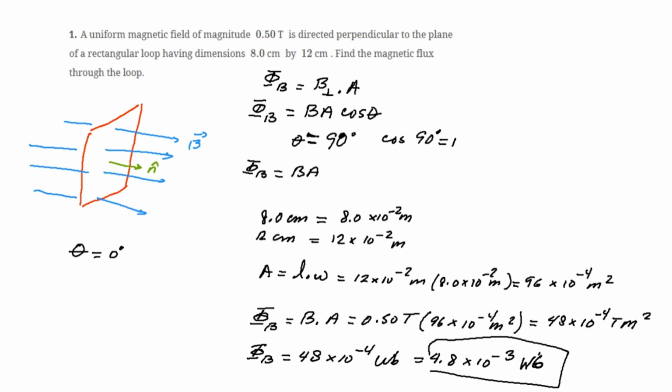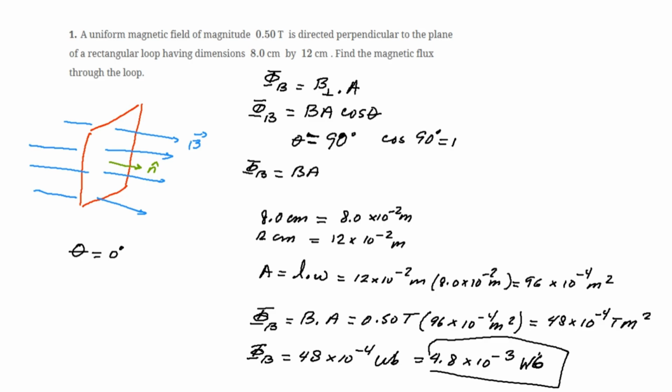So this exercise was very easy because in this exercise, we had that the angle was 0 degrees. So we have the maximum magnetic flux through that area, and that maximum magnetic flux was 4.8 times 10 to the negative 3 Weber.